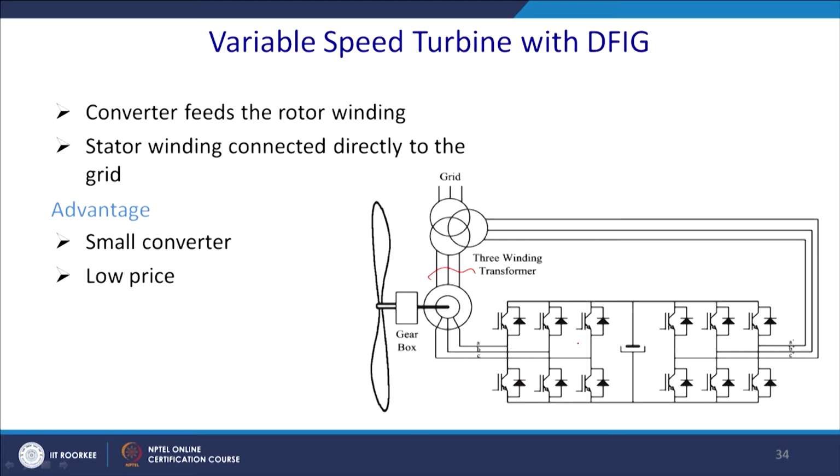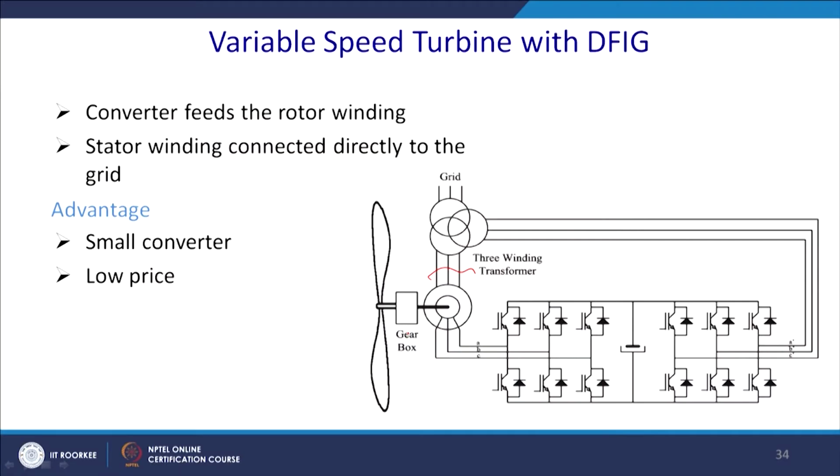It can inject power into the rotor at subsynchronous speed, and it can take out the power above synchronous speed, and this is the function of the dual converter. This is called the doubly fed induction generator, or DFIG, in the case of wind energy application.